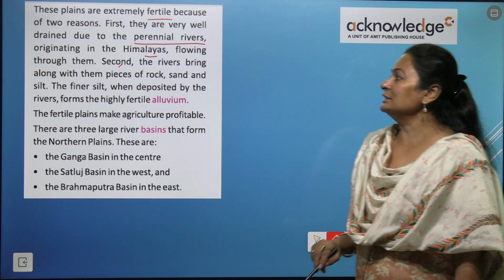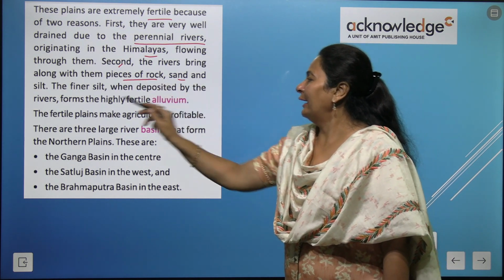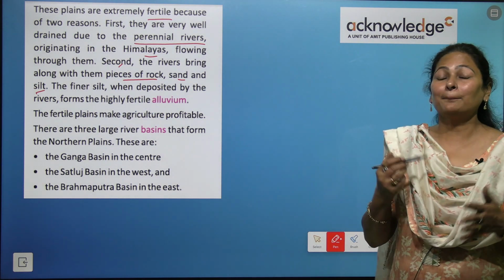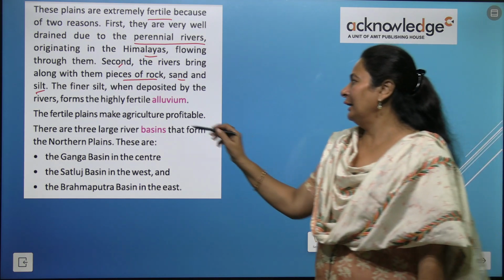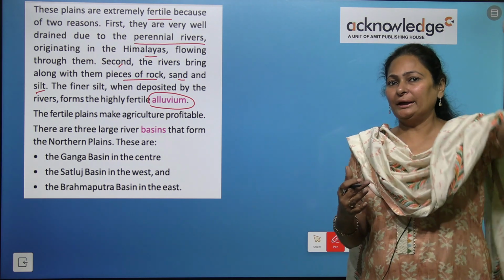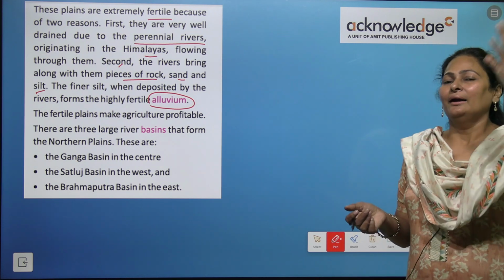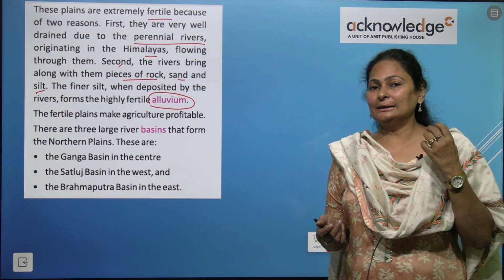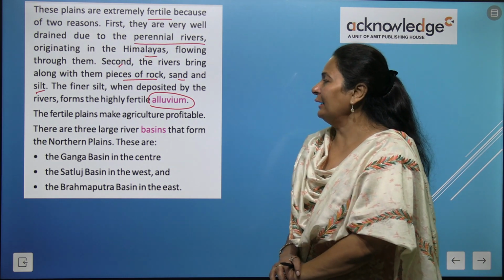Second is the rivers bring along pieces of rock, sand and silt. The finer silt, when deposited by the rivers, forms the highly fertile alluvium. That is why, when the rivers flow down from the Himalayas to the northern plains, they bring fine soil, silt, rocks and sand, right?